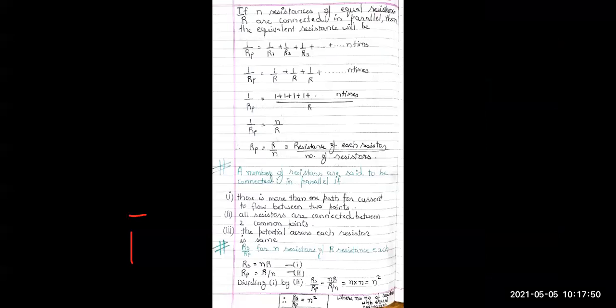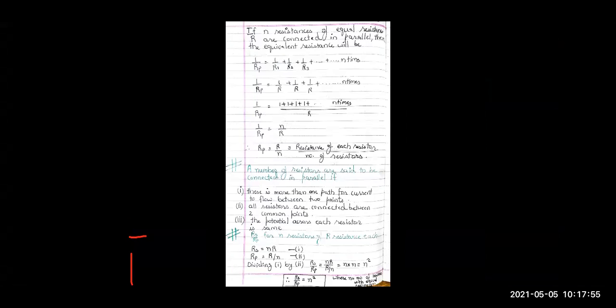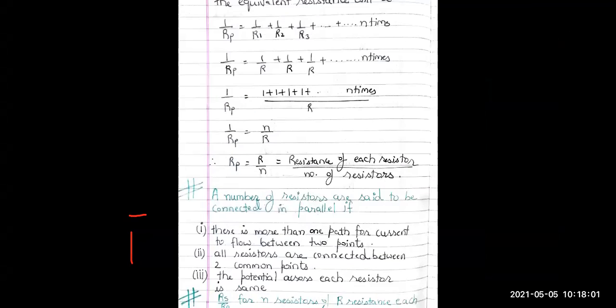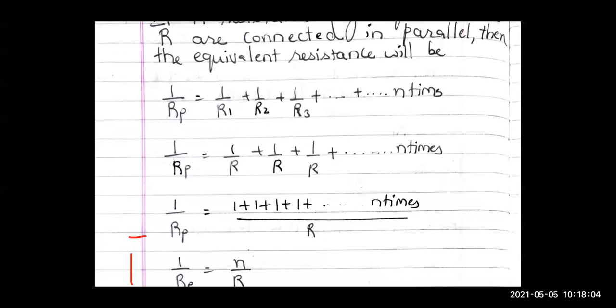Now let's summarize this. Suppose you are having n resistors which are connected in parallel, right? So all are having the same value, that is R. So you know the formula for 1 upon Rp is 1 upon R1 plus 1 upon R2 plus 1 upon R3.